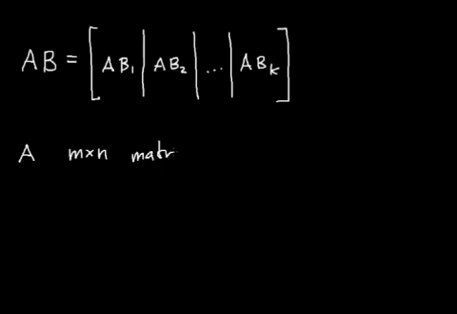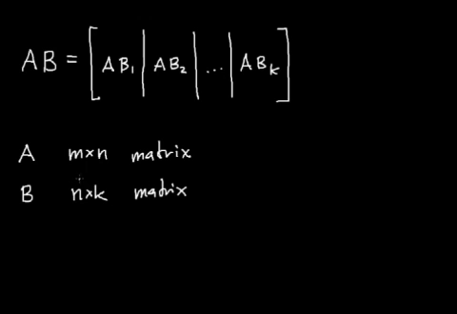Okay, what about B? Let's say that B is an n by k matrix. The n for the B matrix and the n for the A matrix, of course, should match each other. Otherwise, it will not be possible to multiply them, right?